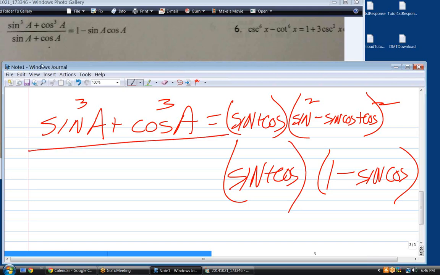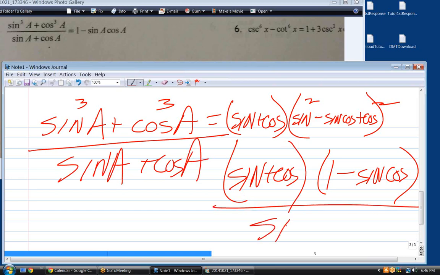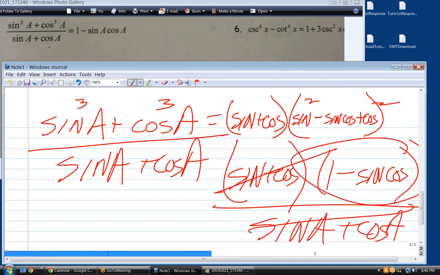But remember, on the left side over here, we have a sine A plus cosine A in the denominator. So I'm going to divide by sine A plus cosine A, canceling out that and that, leaving me with that, which is what I'm trying to prove. In other words, after you use the sum of cubes to factor that, the linear factor cancels with the bottom.